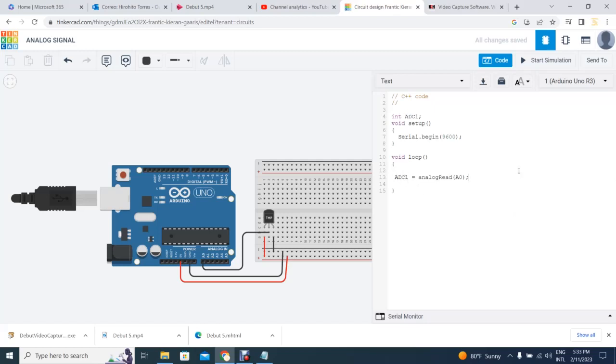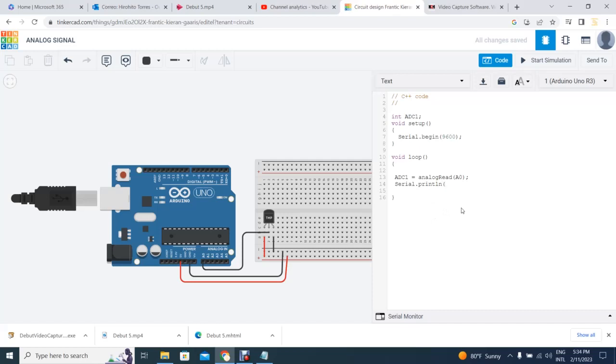Now if you want to see what the value is, eventually we want to write it into the serial monitor, which is kind of nice now that it's activated by this instruction here. So what we want to do next is say something like Serial.println. We want a carriage return on the serial print, so we put the ln.